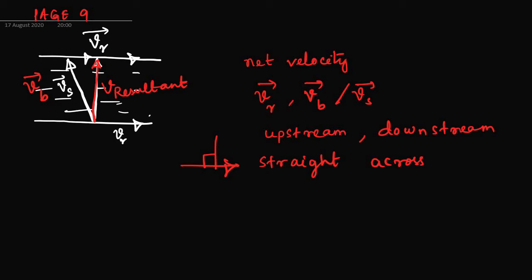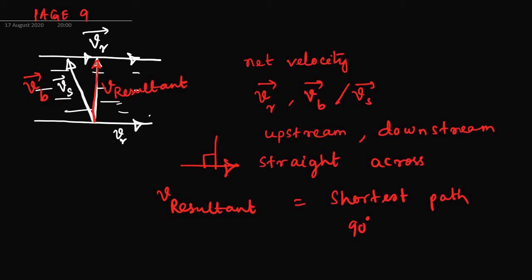You must understand this. That means the resultant is the shortest path, because it will be perpendicular to the baseline, which is the velocity of the river.